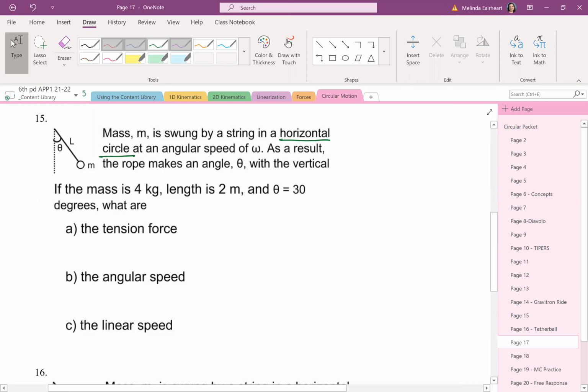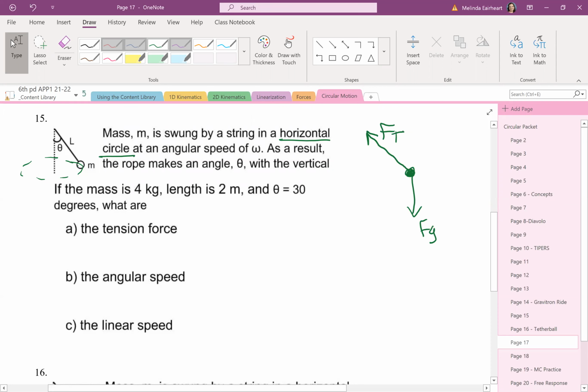Well, first off, step 1, force diagram. And so based on the picture given, it's on the right-hand side of this horizontal circle, right? And so we've got weight, and tension is pulling at an angle. Now it's going to be the hypotenuse, so tension is going to be bigger. How do I know it's the hypotenuse?